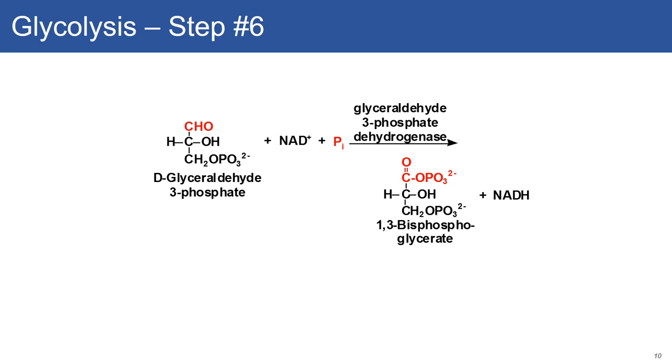And so the reaction is that we're adding on a high energy phosphate bond right there, and we're adding on electrons and a proton onto NADH. That's an important component of this whole process. And so the product is a phosphate ester and a high energy carboxylic phosphoric anhydride. So we've got these great products that are coming through, high energy.